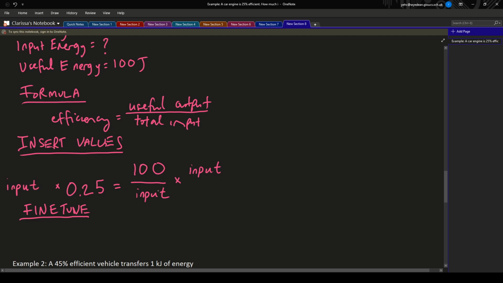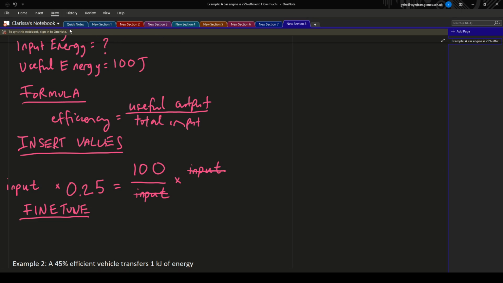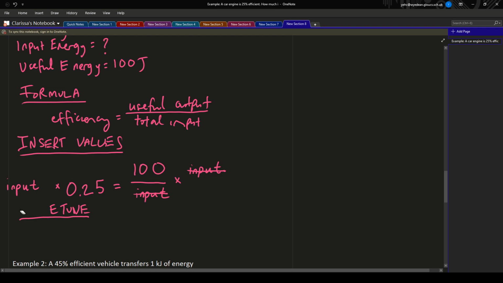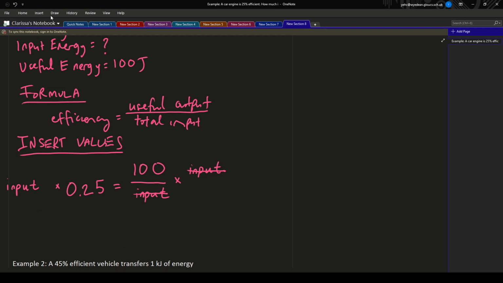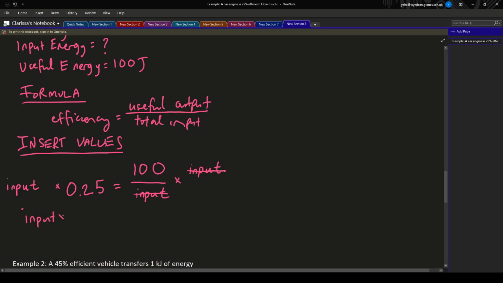I'm just rearranging. Input cancels out with input here. And I'm left with input times 0.25 is equal to 100. Now I still want input, so I'm going to divide both sides by 0.25.